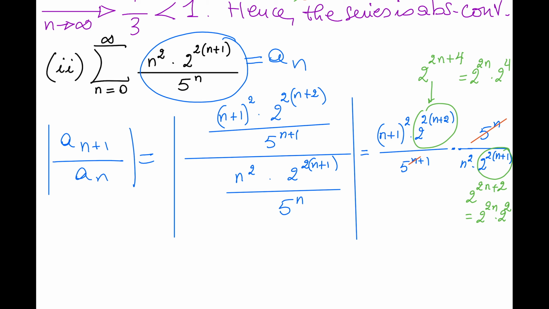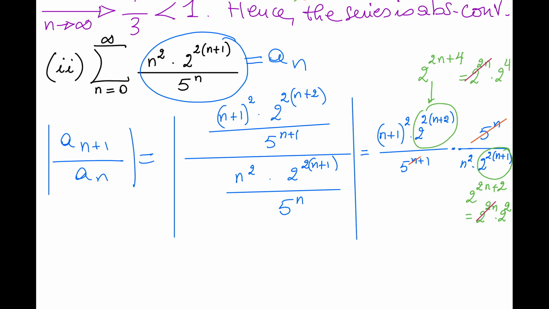Now I hope you see it. If you simplify by 2 to power 2n, this and this, these are gone. So you get 2 to power 4 divided by 2 squared, and 2 to power 4 divided by 2 squared is simply 4, right? This is 16 divided by 4, so only 4.